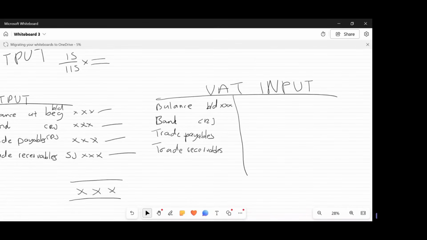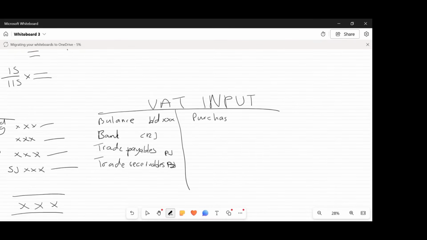Your trade payables will be in your purchases journal, and then on your credit side it will be purchases returns. And then you have your VAT control account, which is the balancing amount.